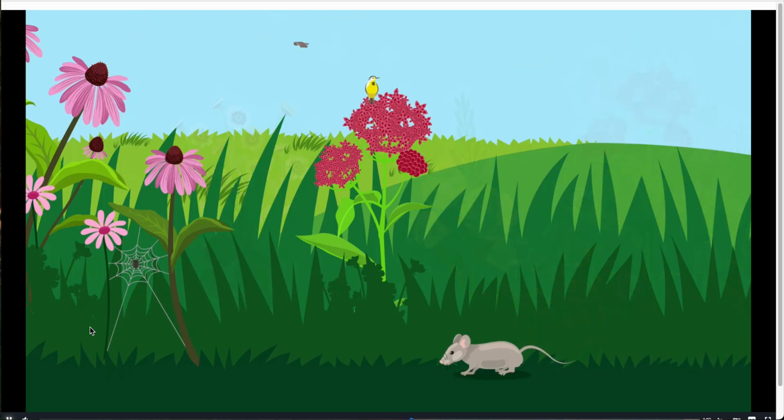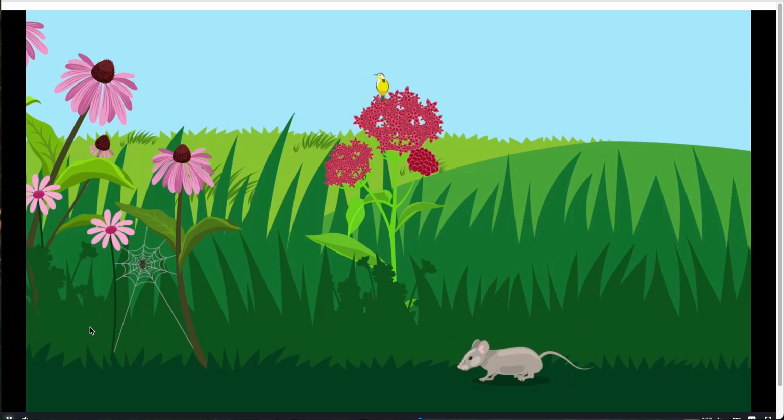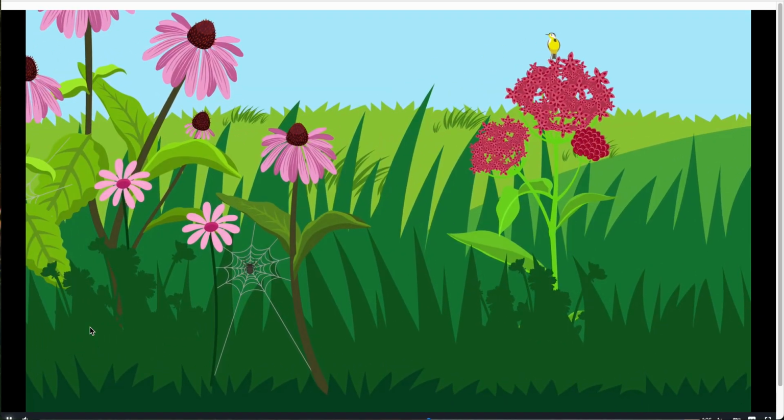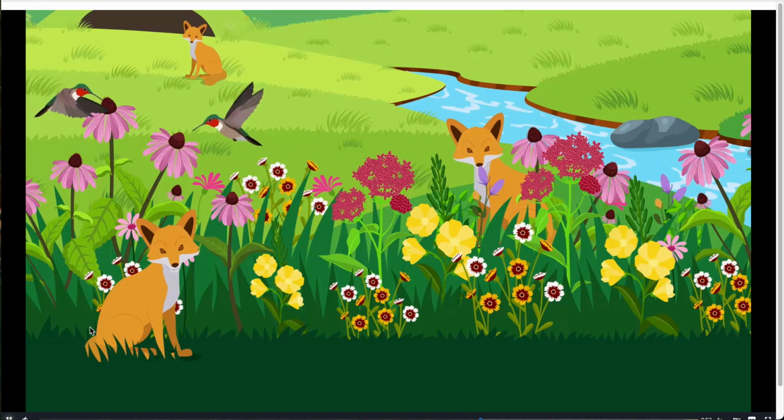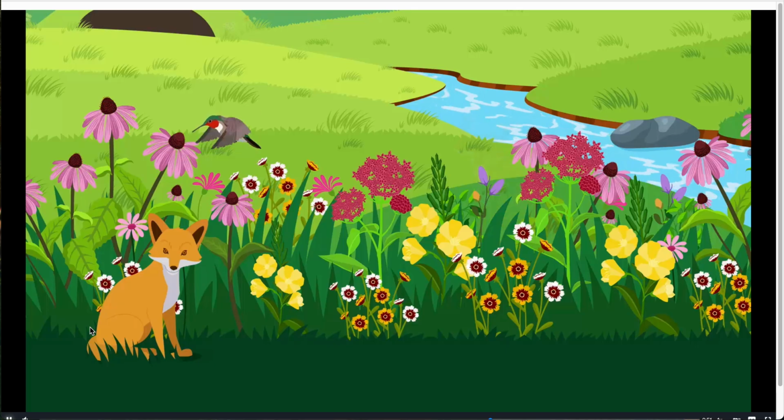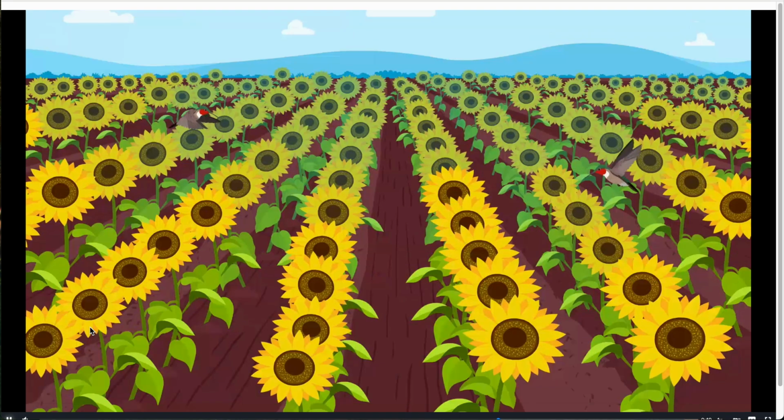With fewer flowering plants, there would be fewer places for spiders to spin their webs. The spider population would drop. Various types of birds hunt spiders. Without spiders, there would be even less food for birds. Foxes also depend on birds. What might happen to the fox population if there were fewer birds?